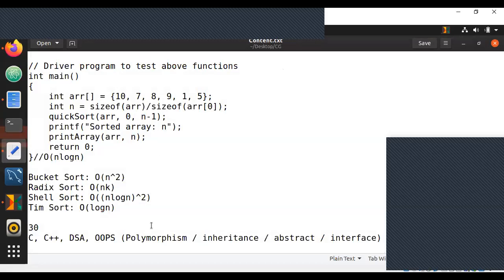If the option has log n, but in the loop you're not doing any divide and conquer, eliminate that option and choose one of the other three. So if you don't know the answer, don't just mark randomly, at least eliminate one value. If you eliminate one answer, instead of a 25% chance of getting it correct, you have a 33 or 50% chance of getting it correct, which is much better. So that is the second thing I would suggest.